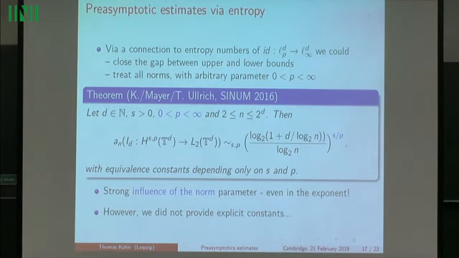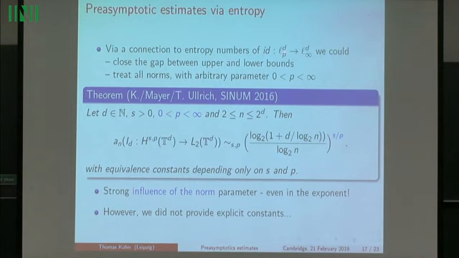Tino Ulrich and Sebastian Mayer, we got the correct order in this case. Now all norm parameters p are allowed, and we got this through an interesting connection of these approximation numbers to the entropy numbers of the identity embedding from ℓ_p^d into ℓ_infinity^d.